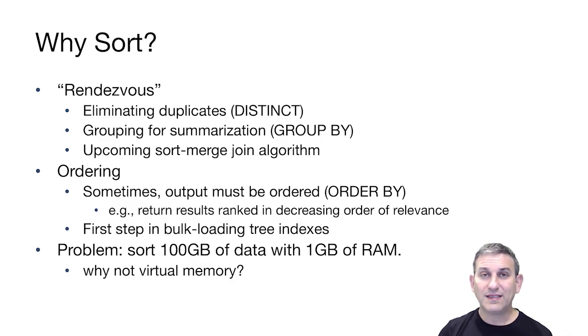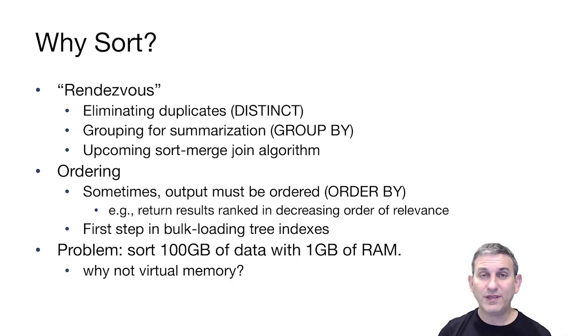One question you might ask is, I learned about something in operating systems class called virtual memory that makes it feel like we have a very big RAM even though we have a small RAM. Can't we use virtual memory for sorting? Unfortunately, virtual memory isn't a good choice here because it doesn't understand the algorithm we need to do. It doesn't understand that we need to do sorting.